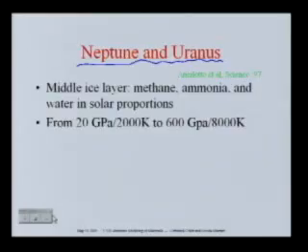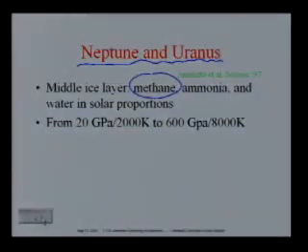So all of this is very important, and I think one of the most intriguing predictions, which had originally come just as a hypothesis by Marvin Ross in 1981, was that in some of these planets there could be an interesting decomposition of methane.